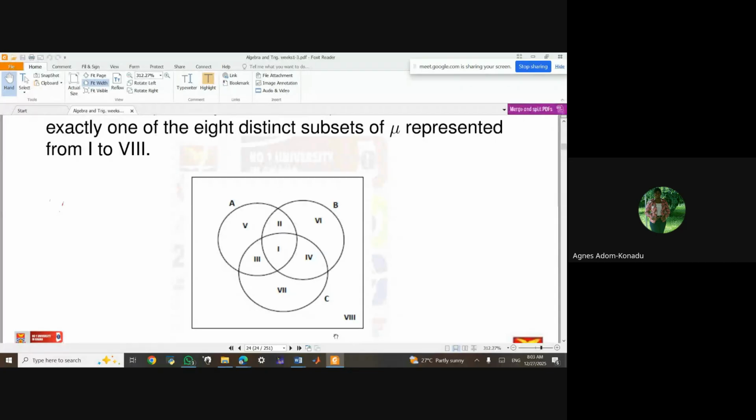Okay, what about II? Because of our time, I think we have to be fast. Madam, the II is A intersection B. Is that all? Hello, Doc.